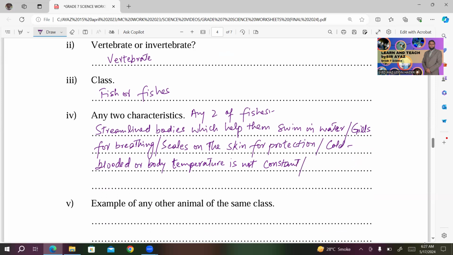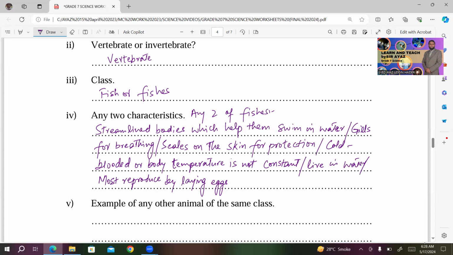They live in water. So you write live in water. Most reproduce by laying eggs. Don't write all reproduce by laying eggs because this is an incorrect statement. Sharks, they don't lay eggs.